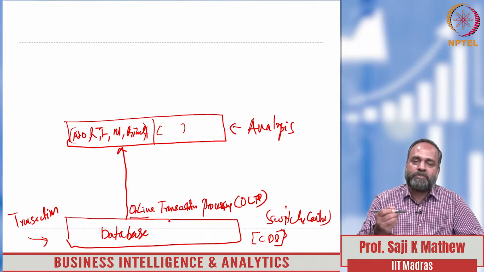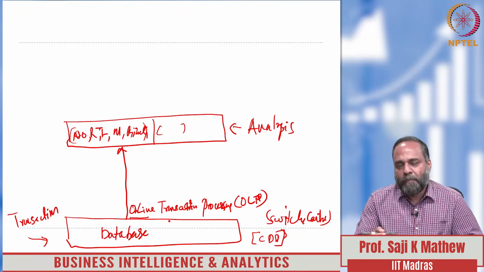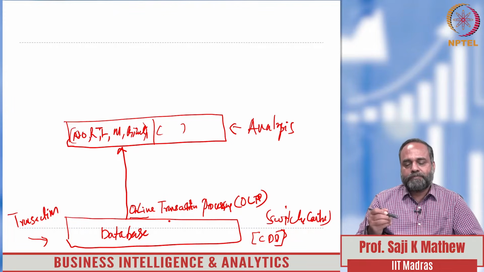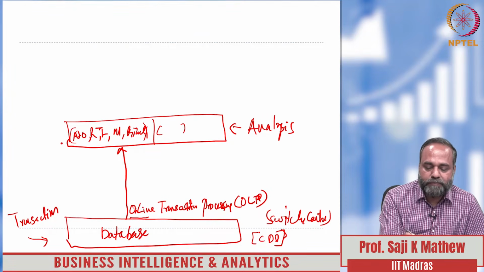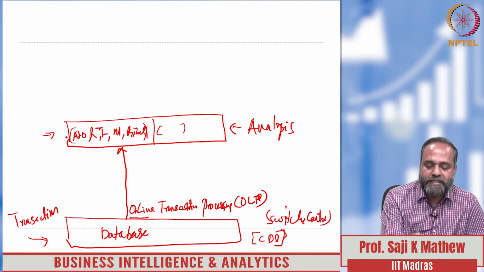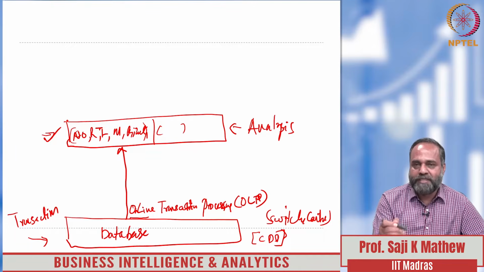Of course, data has to move from the transaction database to other data stores by batch processing, but you don't keep querying or keep working with a transactional database, which will make the transactional database inefficient. Okay? It may delay. So therefore, it is always recommended to build a data store separately for the purpose of analytics. And what is that data store? That is the data store that is represented here. Okay, this one. We will name it and you will understand the name of it as I explain further.